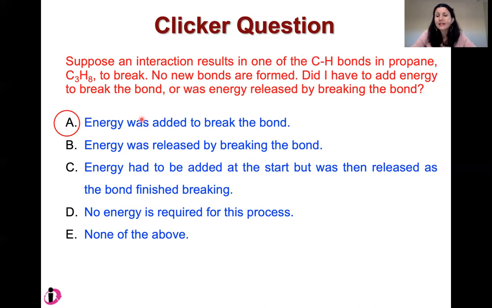If the energy released is bigger than the energy added, then the whole chemical reaction will result in a release of energy, which is true for combustion. So when you look at all the reactants and products and do the calculation, you will find at the end the energy was released. But this particular question just asked about breaking a bond in propane, and in this case, energy had to be added.